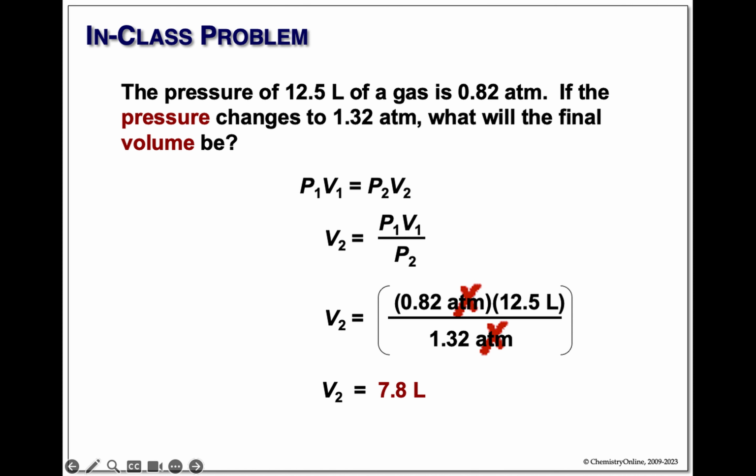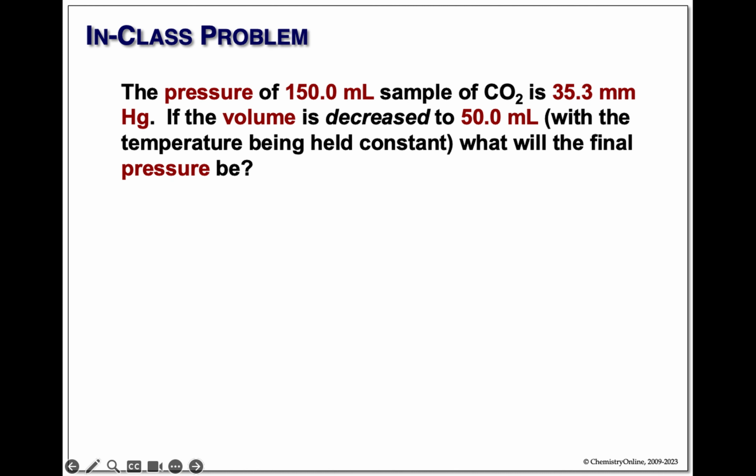Well, let's do another. Here we have a pressure in millimeters, a volume in milliliters. Once again, just make sure that they're all the same. Milliliters, milliliters, our final pressure will be in millimeters of mercury.